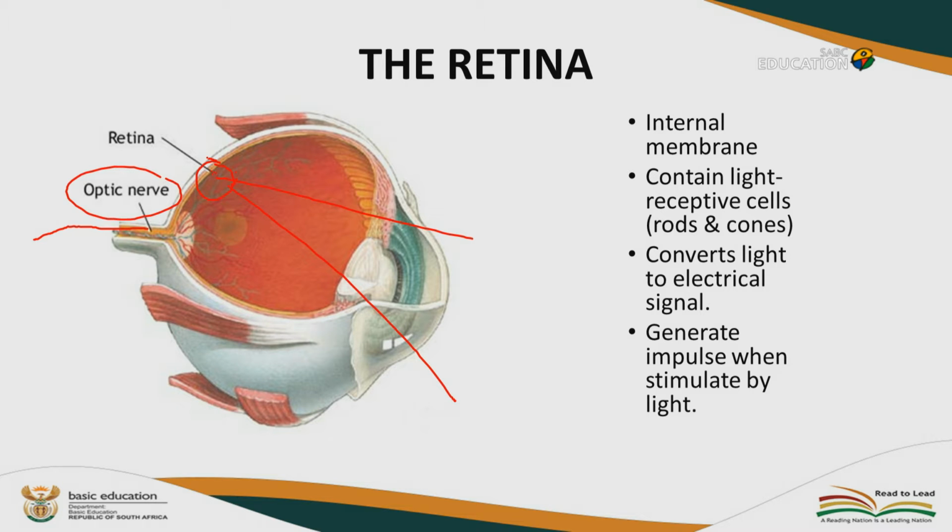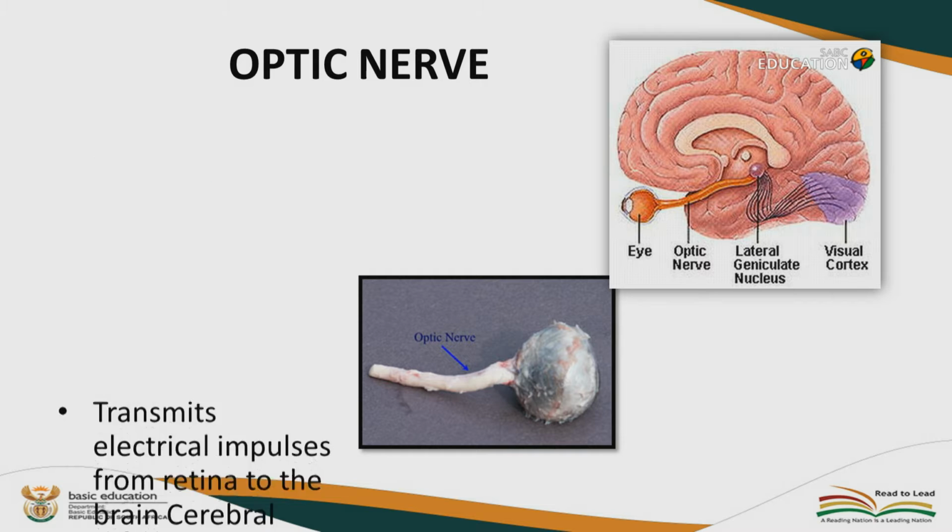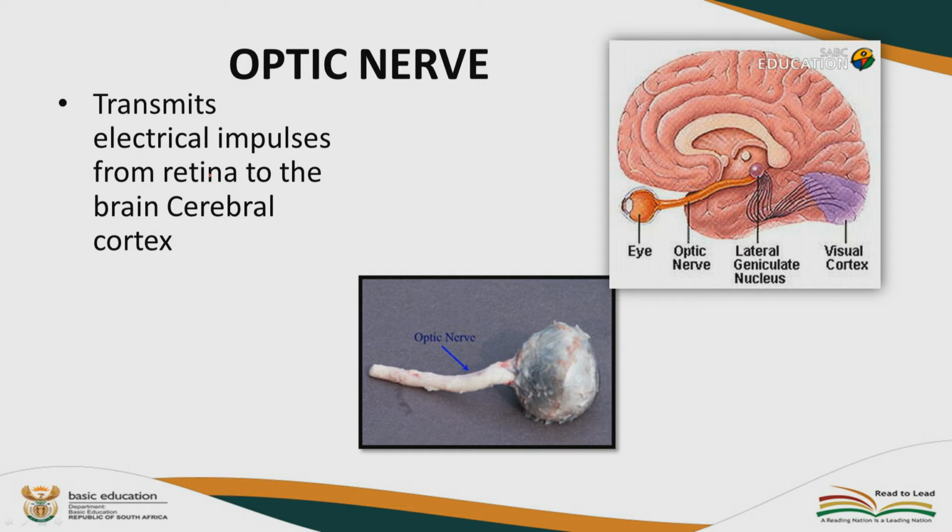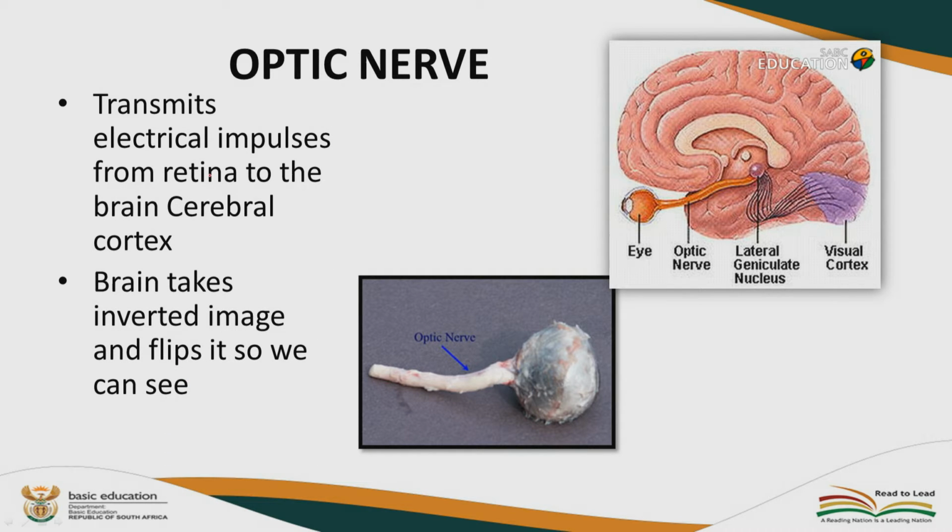Then the yellow spot will convert the stimulus into electrical impulses and send them through the optic nerve. And hence we're saying the brain will take the inverted image and flip it over so that you are able to see the real image as it was from the beginning.